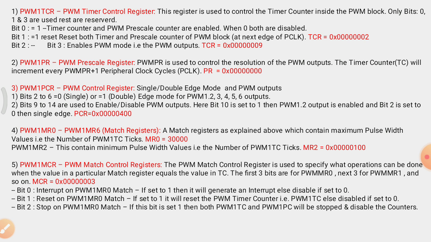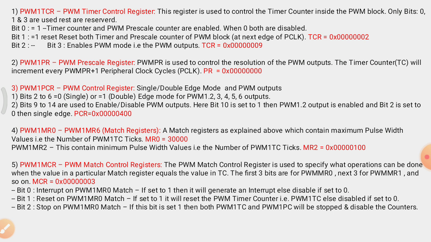Here we are setting bit 10. When bit 10 is set to 1, the PWM 1.2 output is enabled, and bit 2 is set to 0, so it is single edge. So we are setting the PCR value equal to 0x00000400.